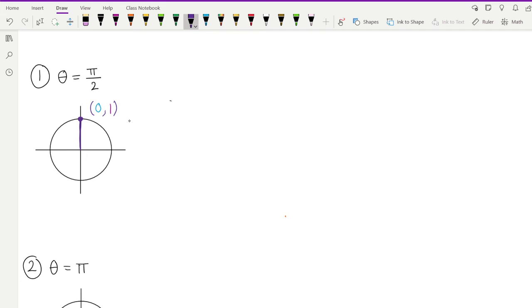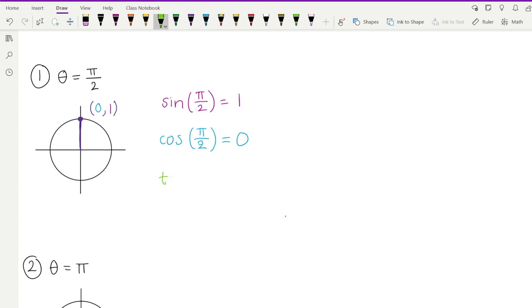And so that tells us that sine of pi over 2 is equal to 1, right? Because that's our y coordinate. It also tells us that cosine of pi over 2 is equal to 0, because that's the x coordinate of our terminal point.